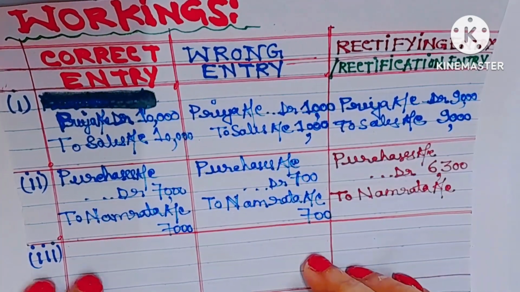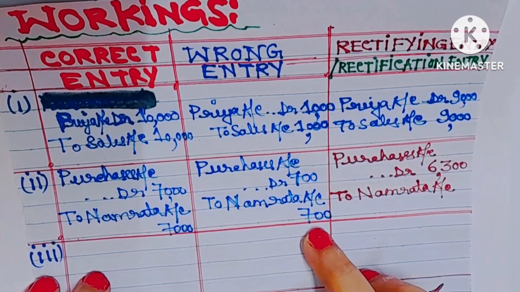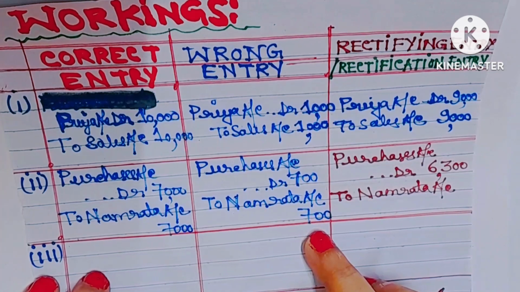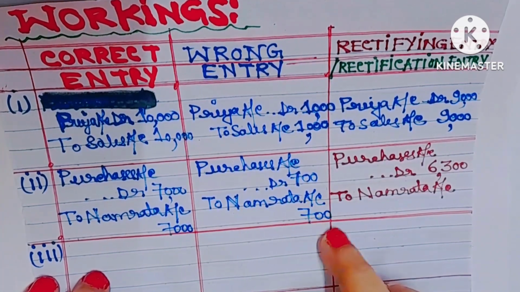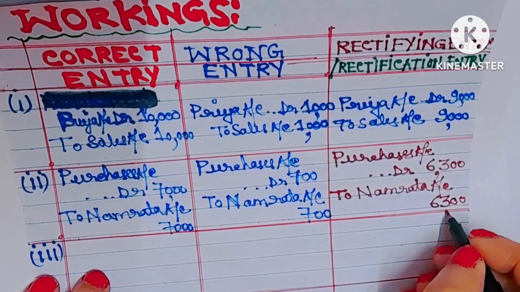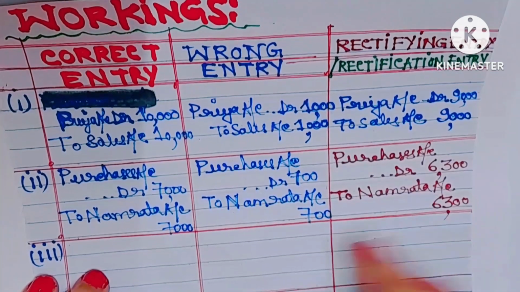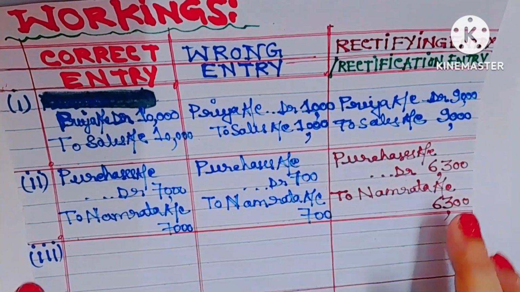But what is the differential amount? Instead of 7,000, they have recorded wrongly 700. So if you deduct 700 from 7,000, we'll get rupees 6,300. So 6,300 has been recorded less. So we have to write rupees 6,300 on the credit side. So 700 plus 6,300 will give you 7,000. So we have rectified.